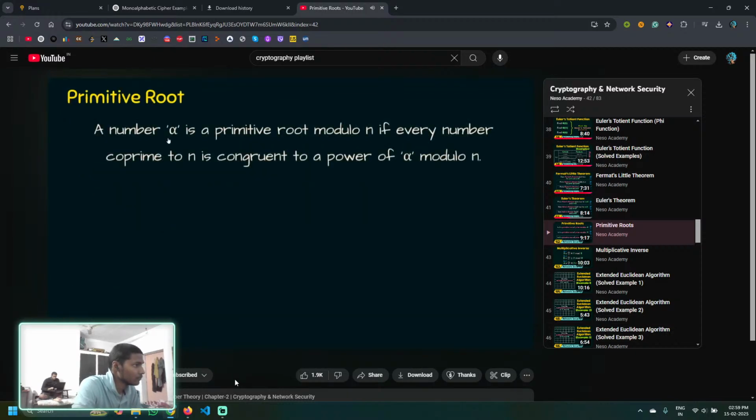While waiting, let's see what a primitive root is. Let's see the definition now. A number alpha is said to be a primitive root modulo n if every number co-prime to n is congruent to a power of alpha mod n.